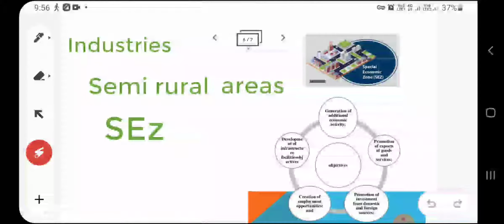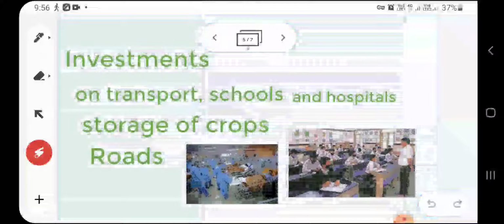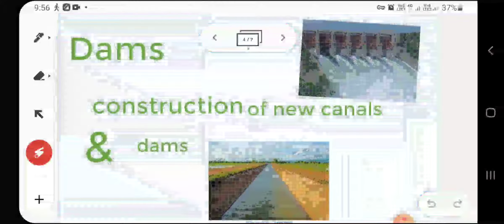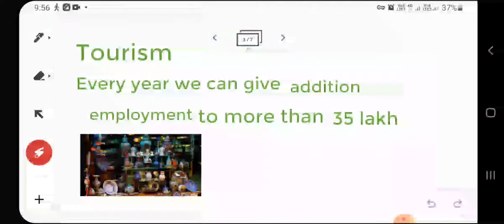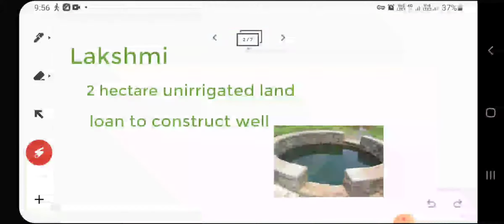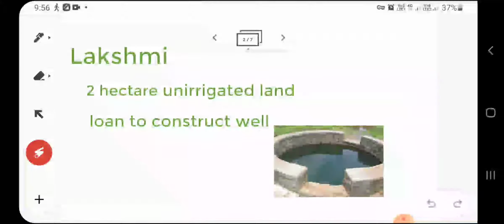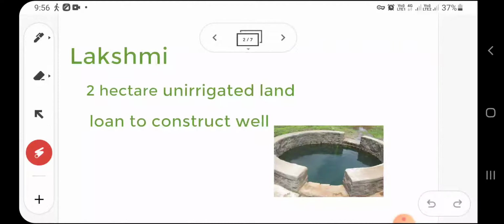On how to create more employment in semi-rural areas, you will get questions under this also. They may give statement type questions in this concept, so you should understand this concept. Try to understand this and listen till you understand. Thank you.